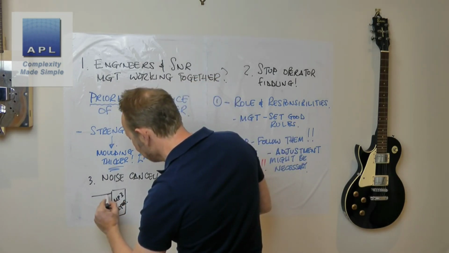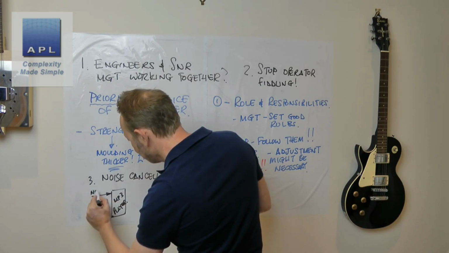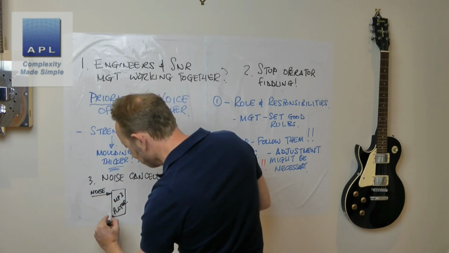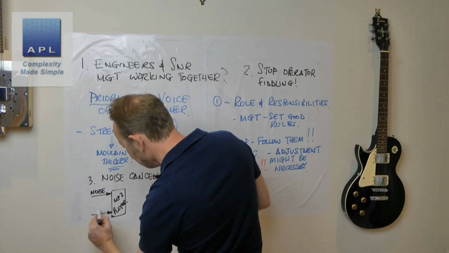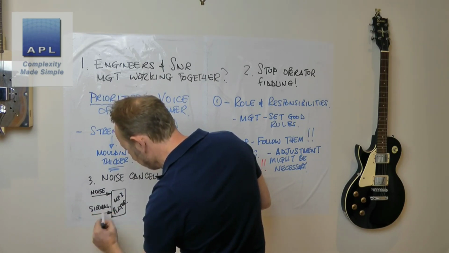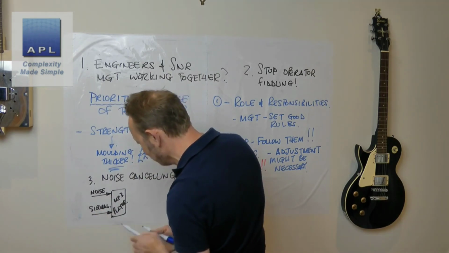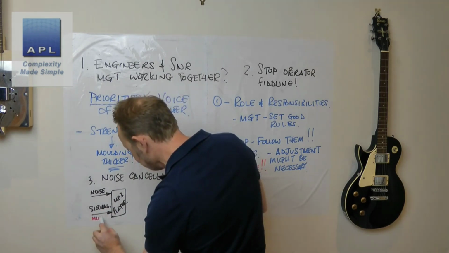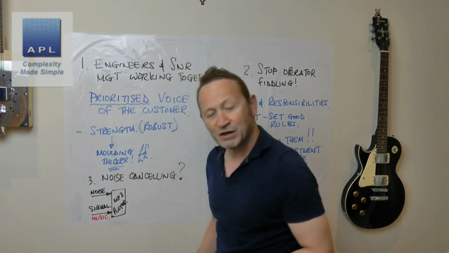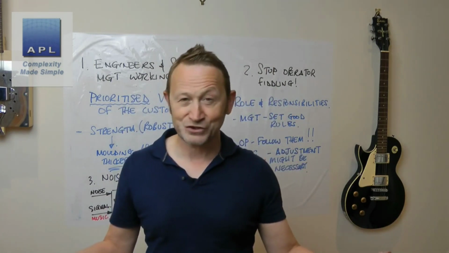The system knows that there is a line coming in that carries the noise and there is a line that carries the signal. So in other words, the signal in an MP3 player, of course, is the music that you are listening to, and it knows what the signal is.